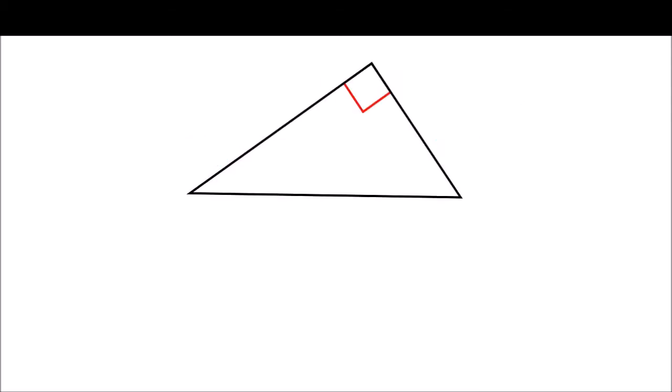Now, before we move on with this lesson, I'd like to point out something. In all the problems that we did in the previous lesson, note that we knew the angle measure of the angle we were working with. So this angle measure was known info. We knew exactly how many degrees it was, right? And then we also knew one of the side lengths, exactly how long one of the sides was.